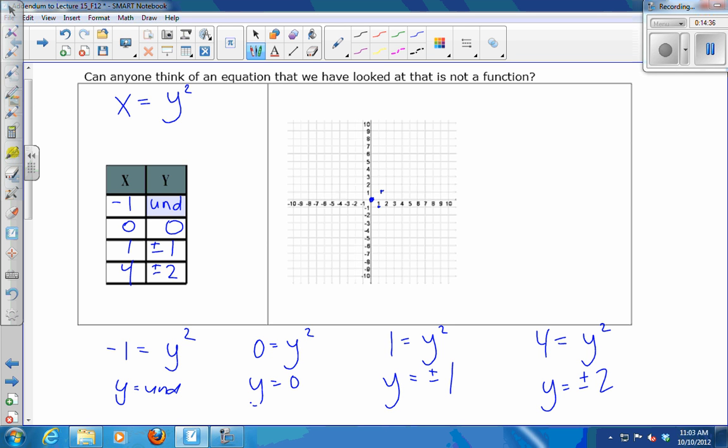And when x is 4, y is +2 or -2. And we end up with a shape kind of like that, a parabola on its side. So this is not a function, because for various inputs, like for an input of 4, I had 2 different outputs. Not allowed.